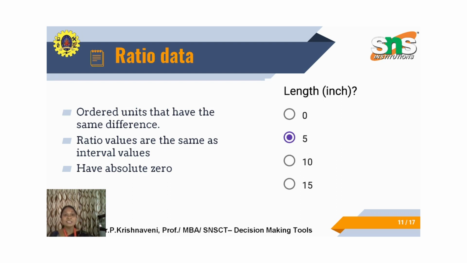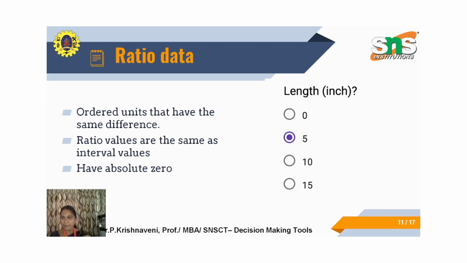For example, 0 to 100, 0 to 1000, 0 to 1 lakh. Say I am categorizing 0 to 1 lakh as one income group and 1 to 2 lakh as another income group. It's not like that in the ratio scale.